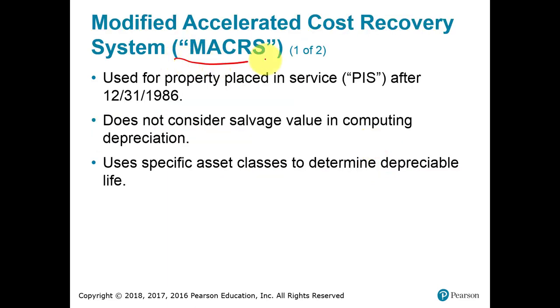Here's the main topic again. Quite a few years ago now, there used to be something called the accelerated cost recovery system. And then they modified it. And that's what we have right now, the MACRS system, which tries to make the calculations more objective. Not necessarily simplified, but more objective.